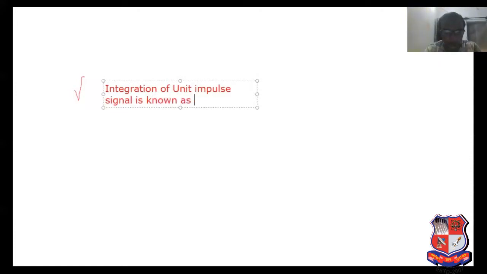Now see, I have discussed here integration of unit impulse signal is known as unit step signal.